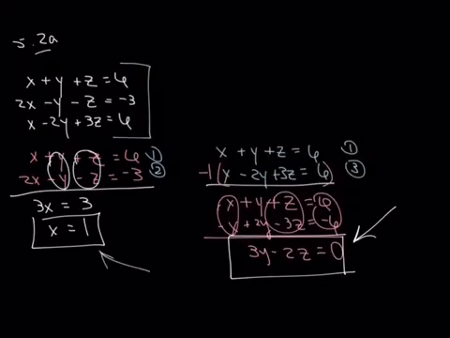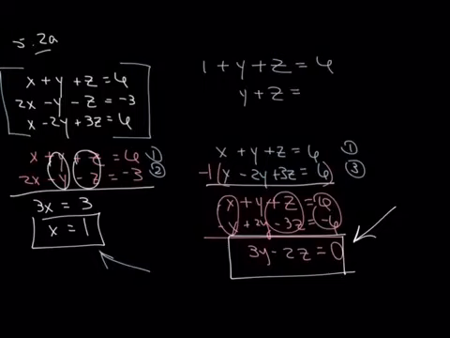I know that x is 1, so if I put 1 into any of these equations, I'm going to have a y, and a z, but instead of an x, I'm going to have a 1. So let's just take the first equation and put 1 in there. So y plus z equals 5.